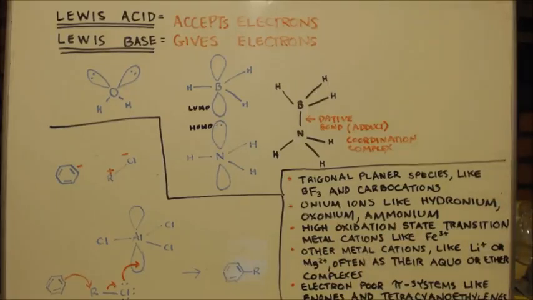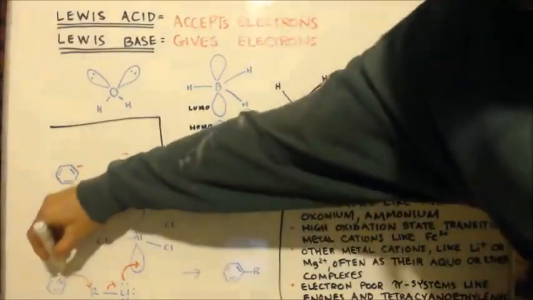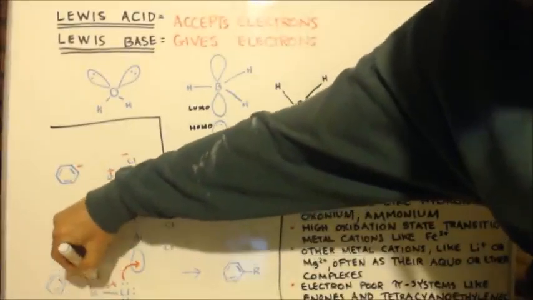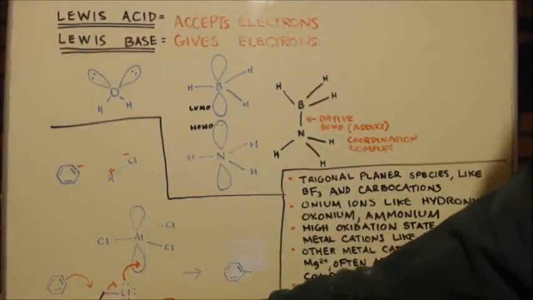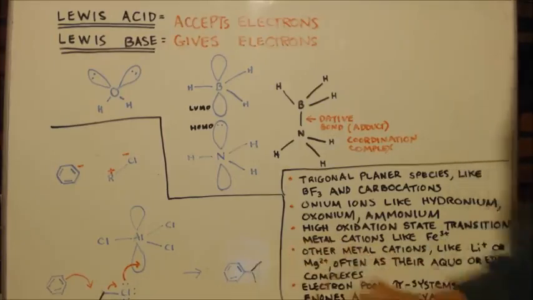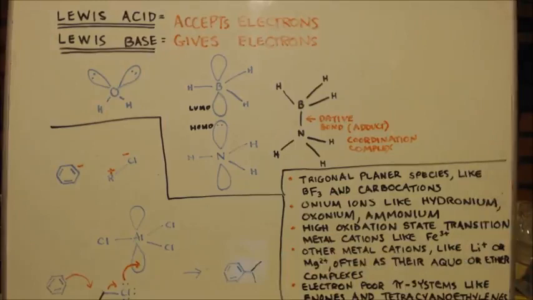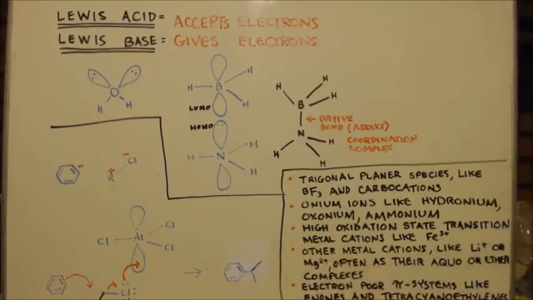The other thing is, if you have an R group like this, it might come out like this, because you'll have rearrangement. So Friedel-Crafts acylation is a lot better than alkylation. But anyways, that's not what this video is about.